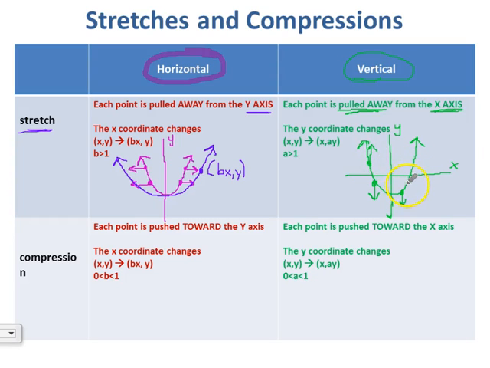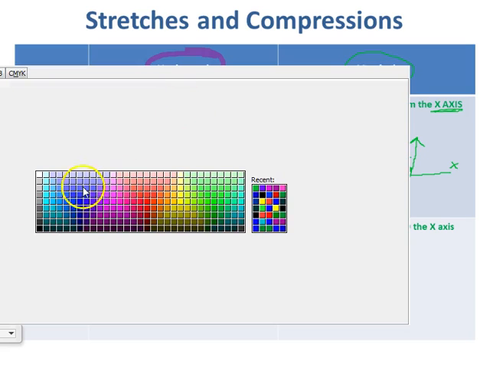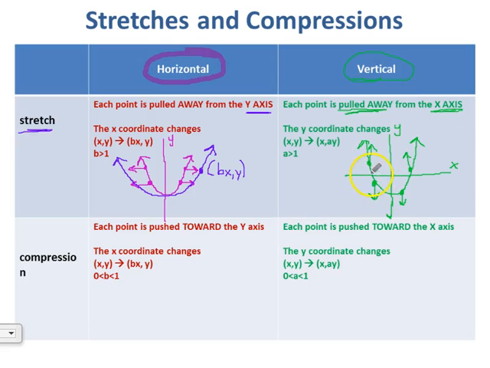So it's going to go this side, so it's going to have now this shape. I'm going to do my new one in blue, where we get a shape like this, where each of our points is being pulled away from the x-axis.